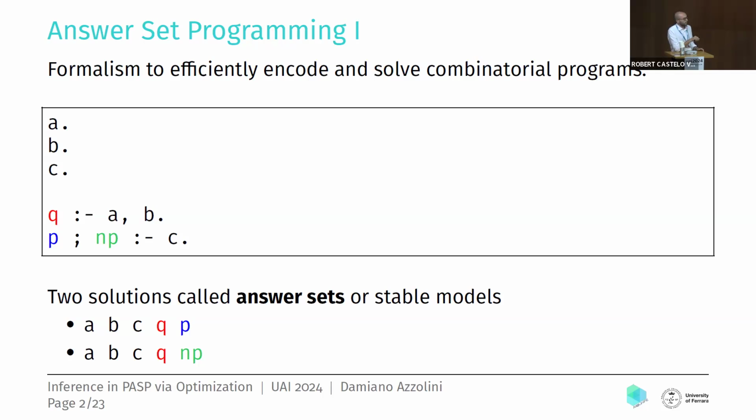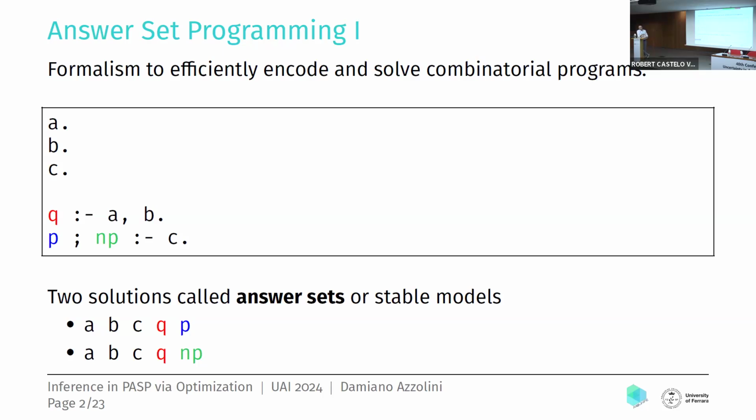The first rule says that if both A and B are true, then Q is true. And the last line says that if C is true, then either P or NP, where the semicolon stands for disjunction, is true.